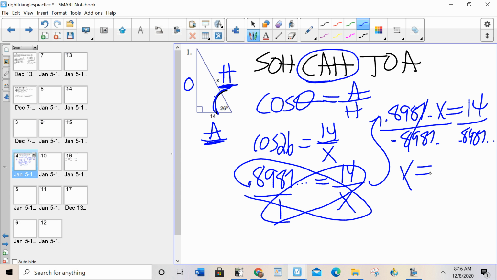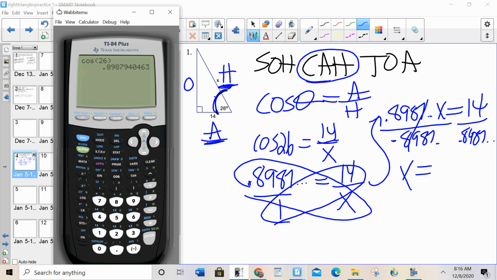X equals 14 divided by that 0.8987. So what I'm going to do is 14 divided by, and I'm going to copy and paste this whole thing. I'm going to tab up so it's highlighted, hit enter, and that copies and pastes it. I hit enter. I believe I said to round to the nearest tenth, so that would be 15.6.